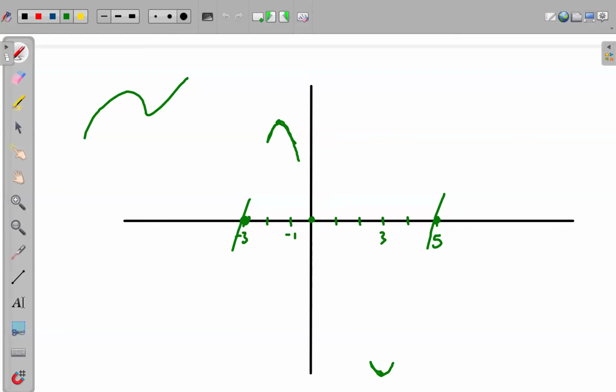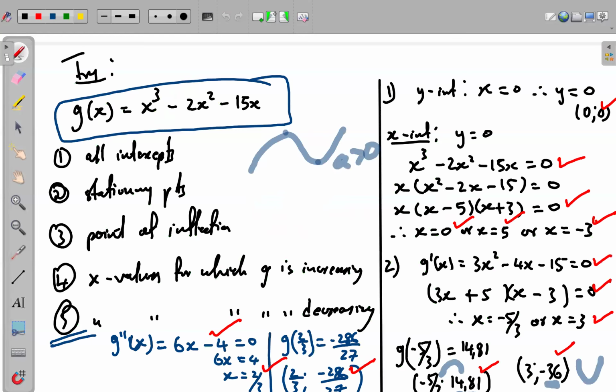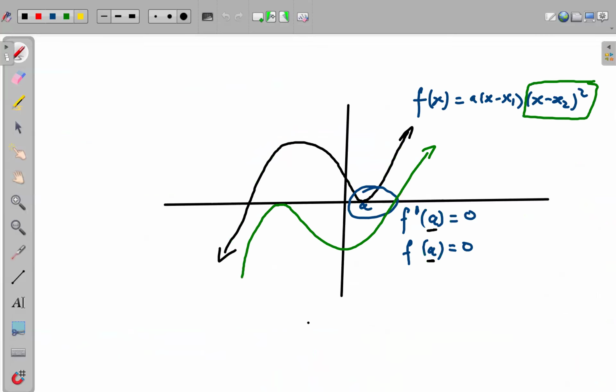And remember, by the way, your y-intercept is a 0. So it must go through the origin like that, and then like that. So our point of inflection, I presume, will be somewhere there. Where is it? It should be 0 point something and a negative. So I got it wrong.